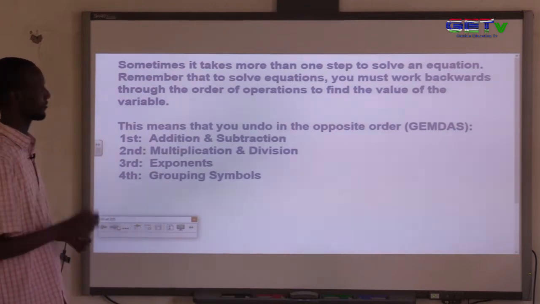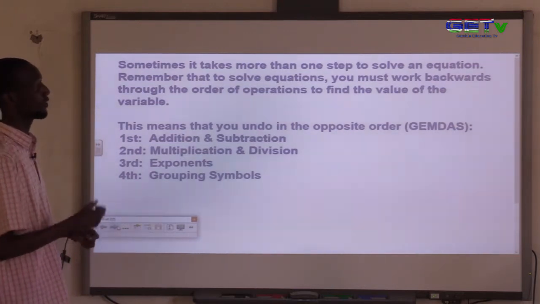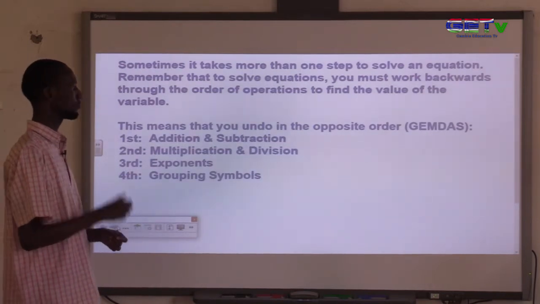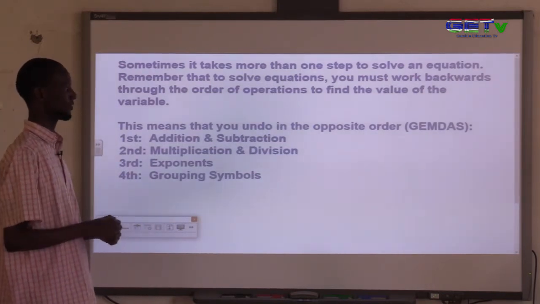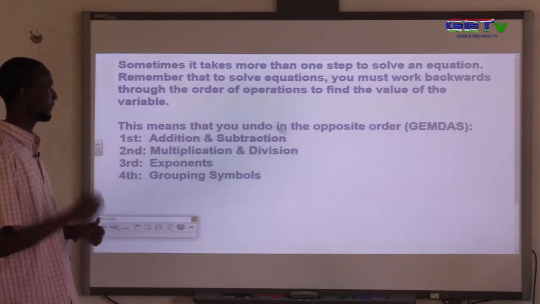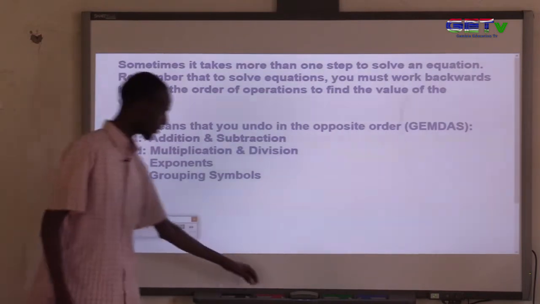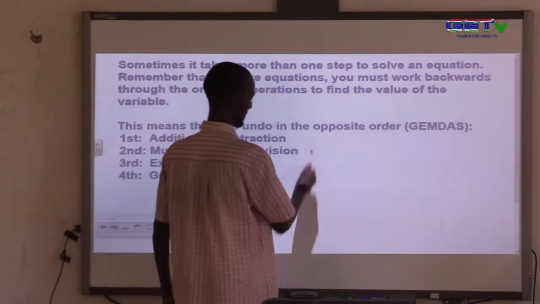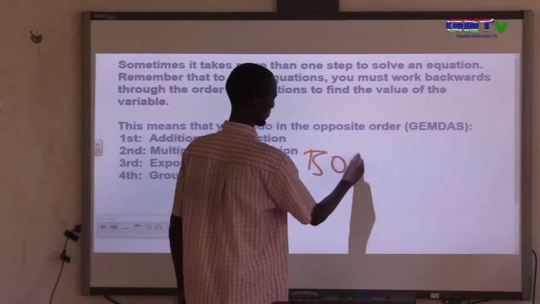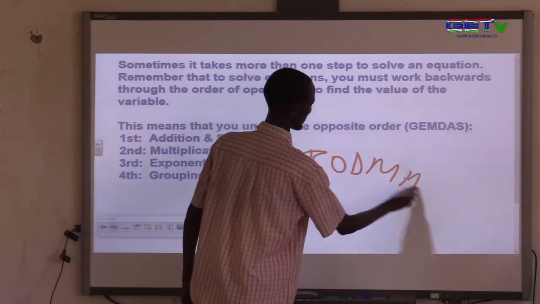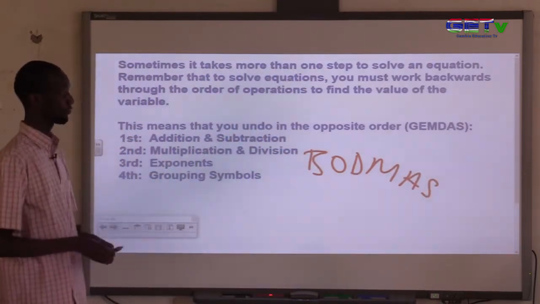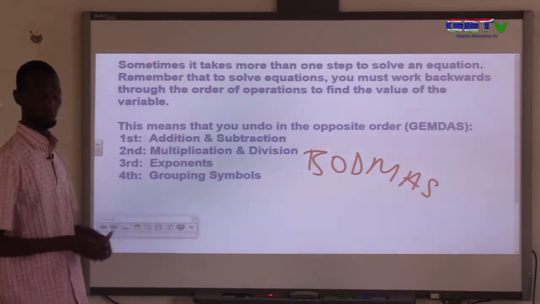Remember that to solve equations, you must walk backwards through the order of operations to find the value of the variable. Now, we all know the order of operations, what we call BODMAS. That is the order in which we generally evaluate an expression.